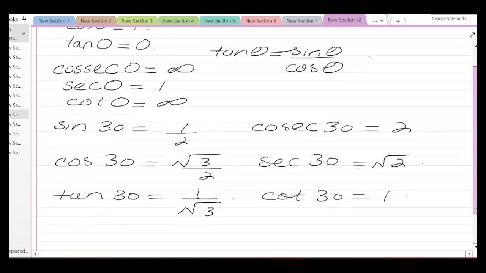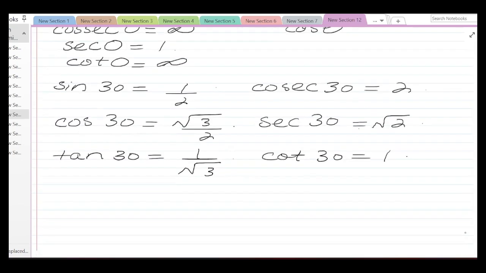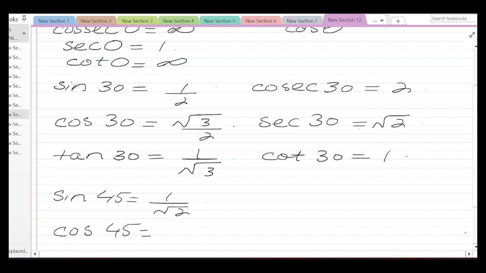Now we need to find the trigonometric ratios of 45 degrees. What is the sine of 45 degrees? The sine of 45 degrees is 1 over under root 2. And what is the cos of 45 degrees? The cos of 45 degrees is also 1 over under root 2.